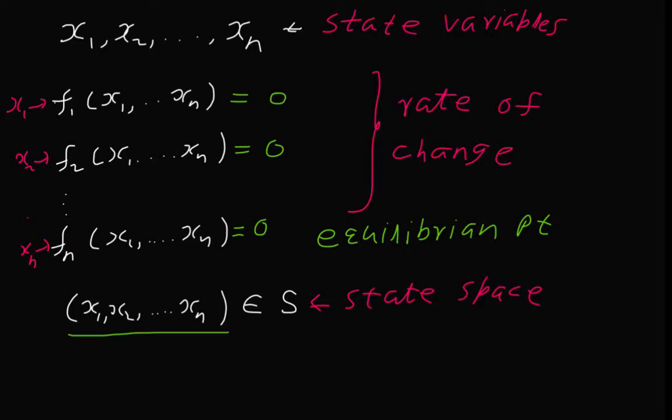When we are at an equilibrium point, we say that the system is in steady state. At this point, all of the rates of change are equal to 0. For this reason, these equations are sometimes referred to as the balance equations.